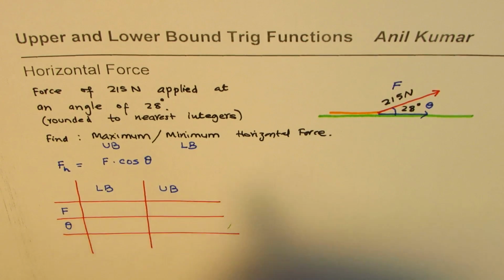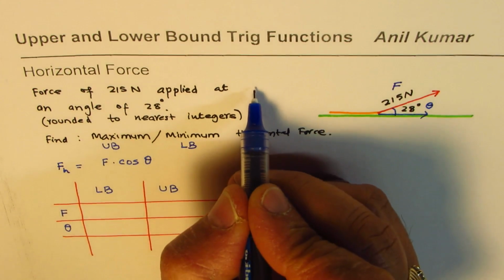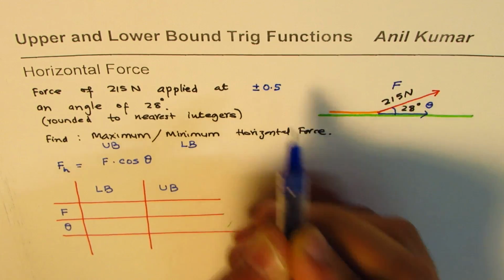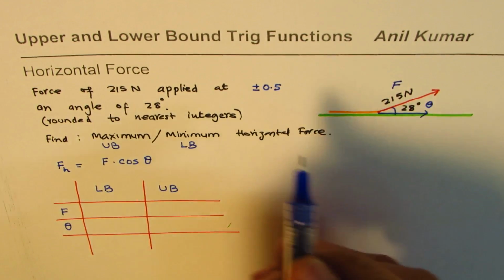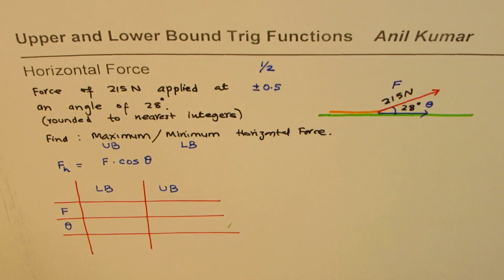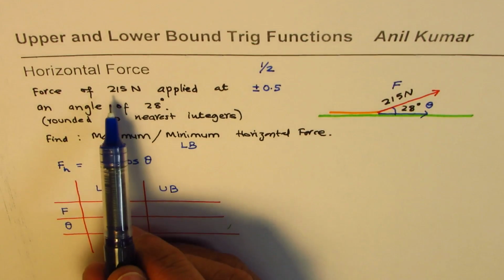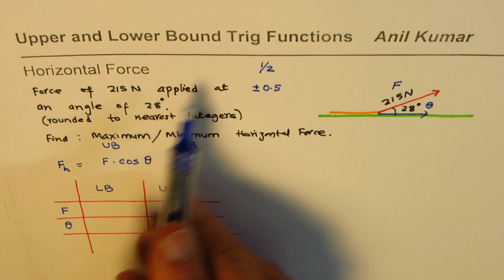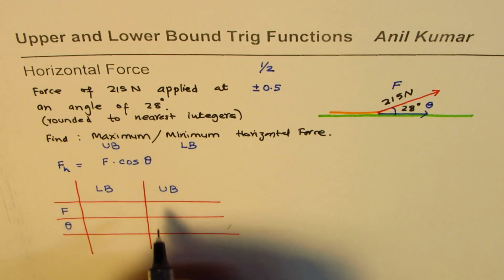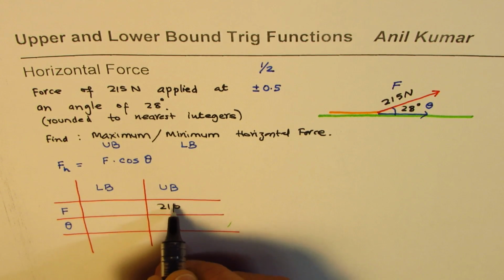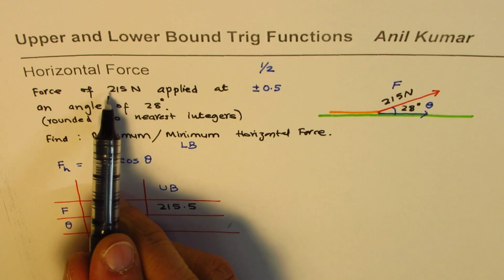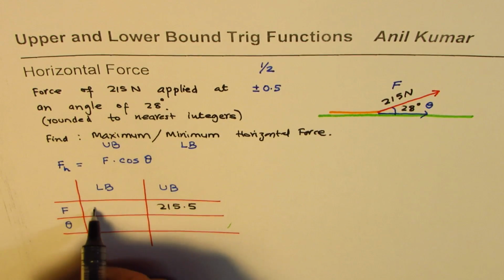As far as force is concerned, we need to add and subtract plus minus 0.5, because you're rounding to a whole number, 1 divided by 2. That is how we get it. So the force is 215. If you add 0.5, then you get a value which is 215.5, and if you subtract, you get 214.5.